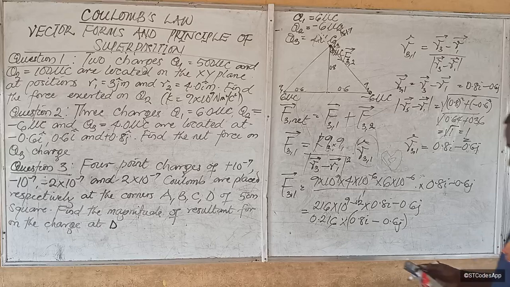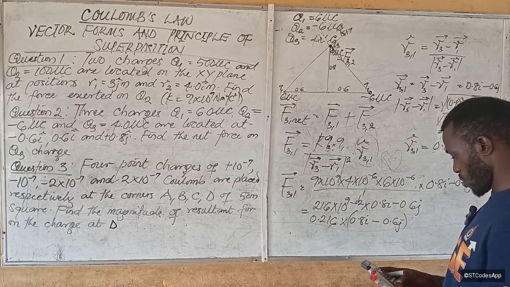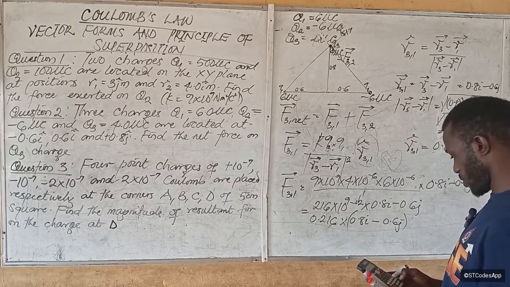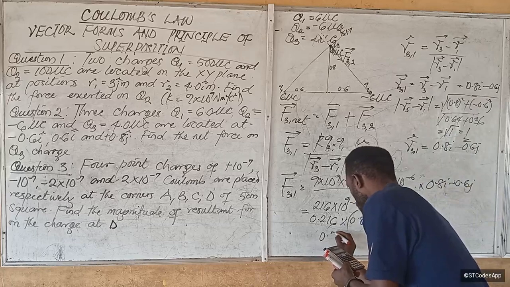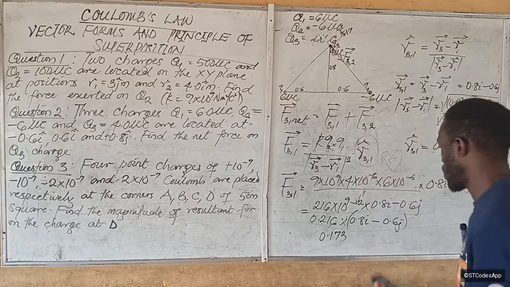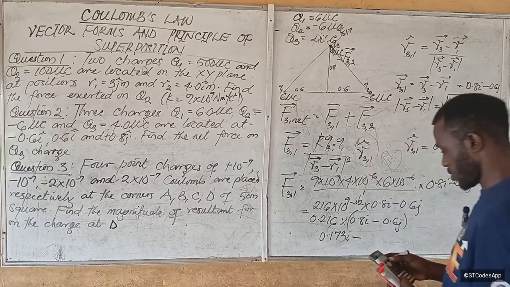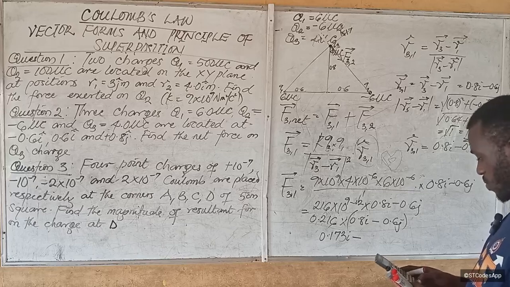By the time you open the bracket, 0.216 times 0.8 is going to be 0.173i, minus 0.216 times 0.6.